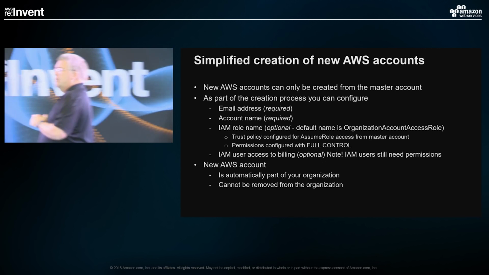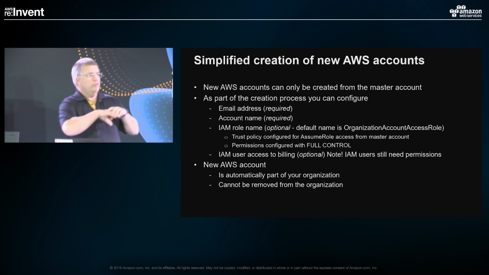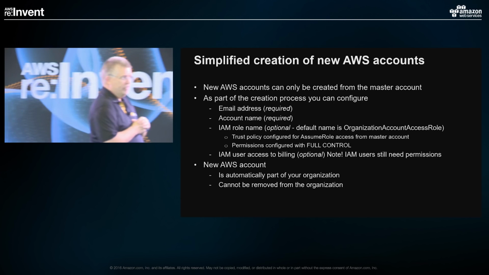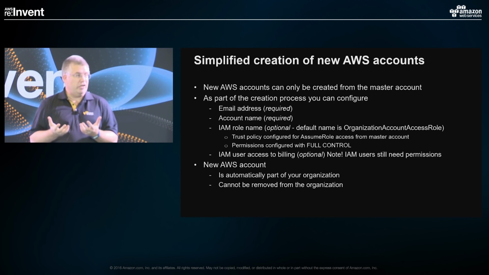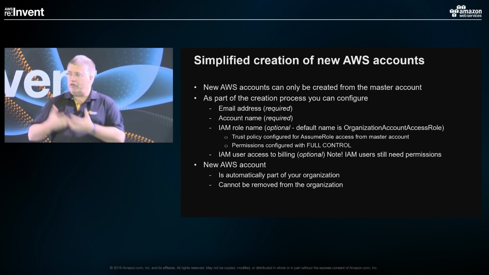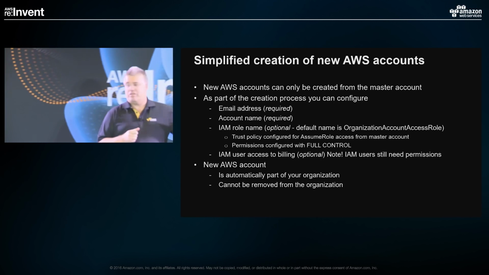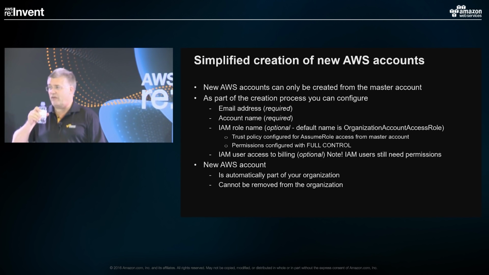And the trust policy is set such that principals in the master account, remember, the management hub of the organization, can assume that role. So it's a starting point. You can use that role now to go in and do further configuration in the account, and then when you're done, you can hand it over. When the role gets created, you can either provide a name, or you can see up there there's a default name that we provide.